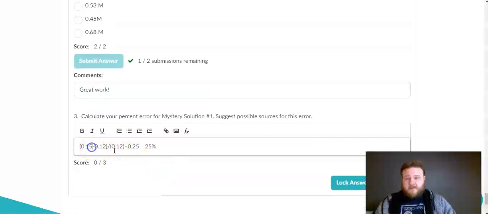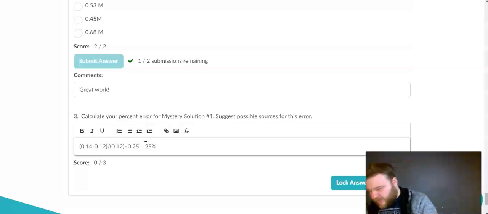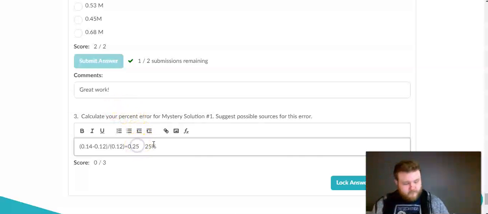And then I think the first time I did this, I got 0.15. So once you do the, hold on just a second. Kind of a big difference there.